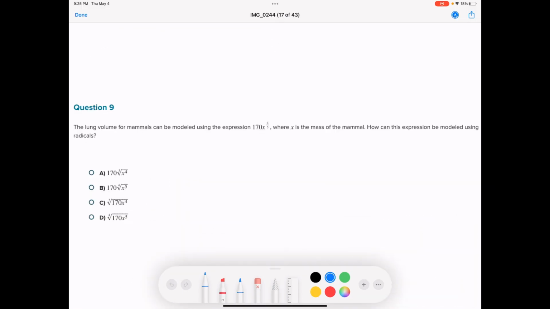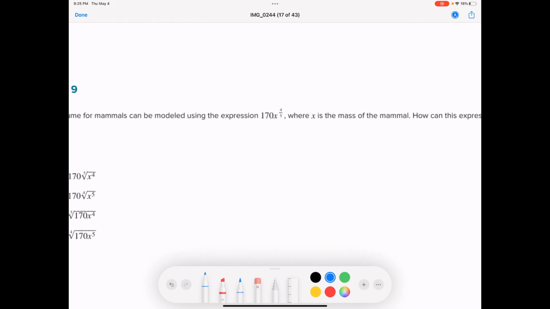Question number 9. The lung volume for mammals can be modeled using the expression 170 times x to the 4/5, where x is the mass of the animal. How can this expression be modeled using radicals? Okay, so we want radicals. So basically, the blue is the inside, which is called the radicand.